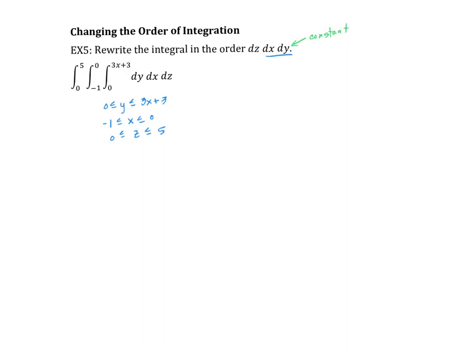I'm just looking at the dx dy, which means I'm just going to look at the xy plane. X goes from 0 to -1. The y values go from 0 to 3x plus 3. So if x is 0, y is 3. This is what I'm looking at here.